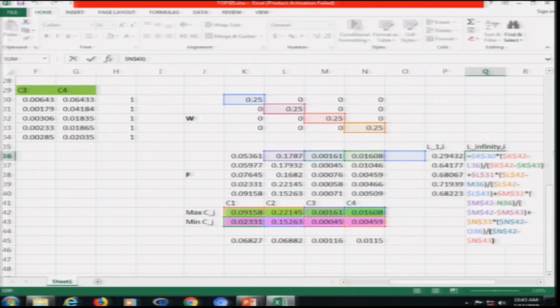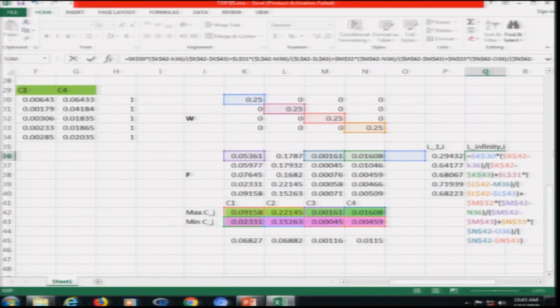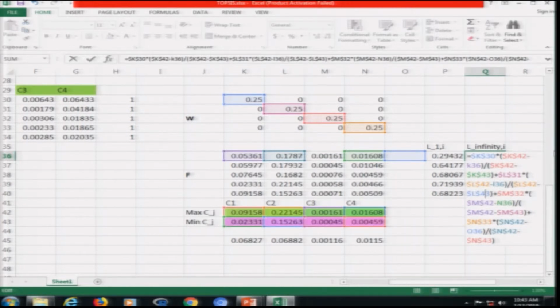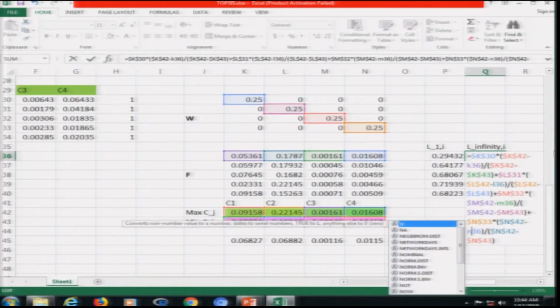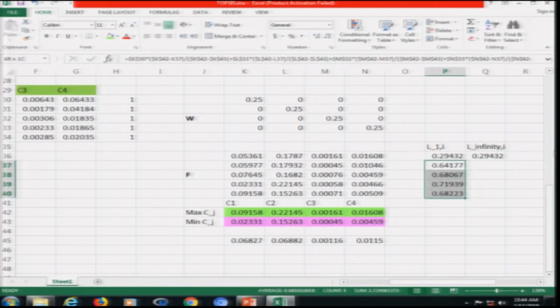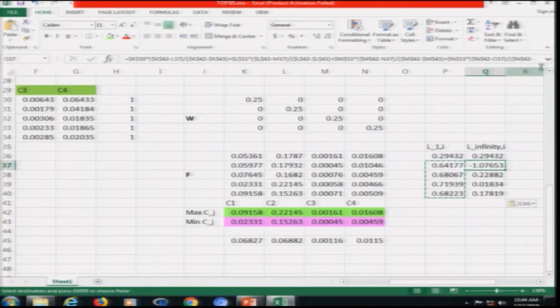So, these values, K, L, M, so these are the values which are fixed.